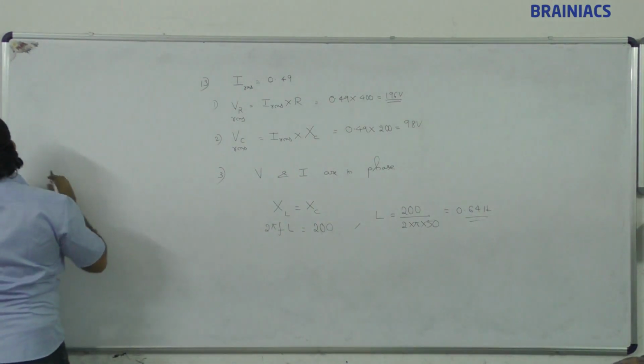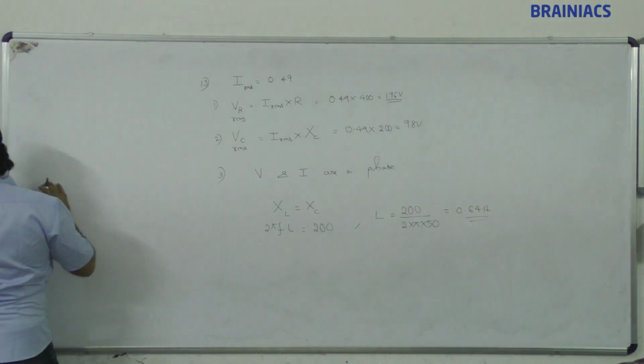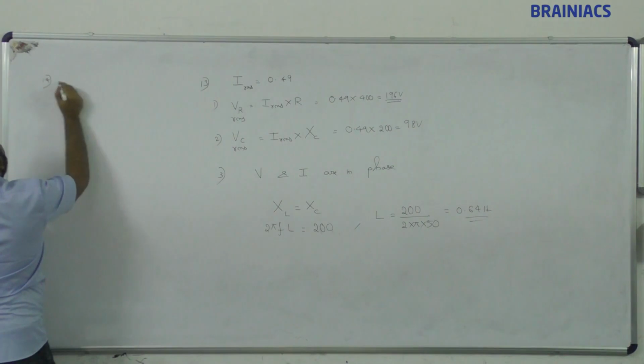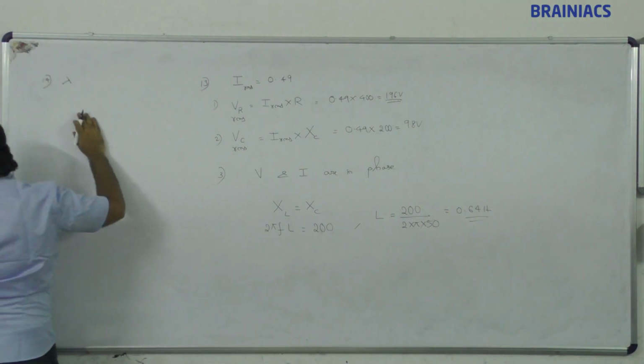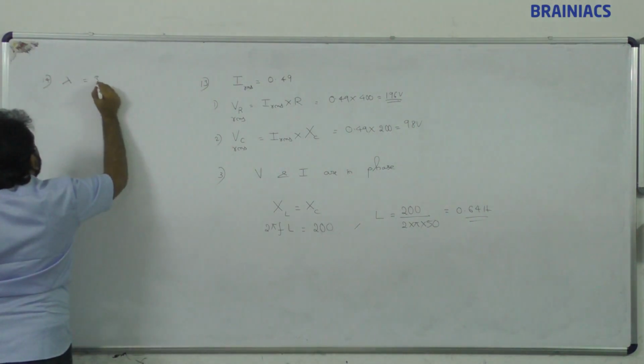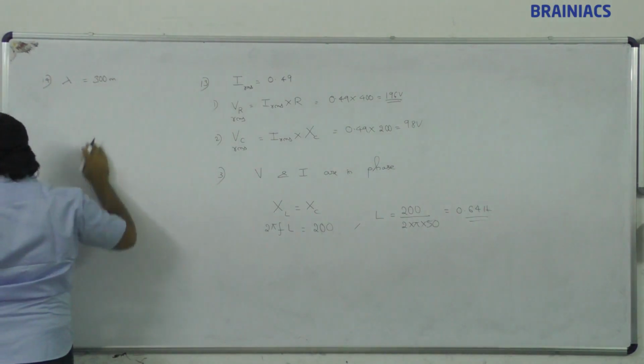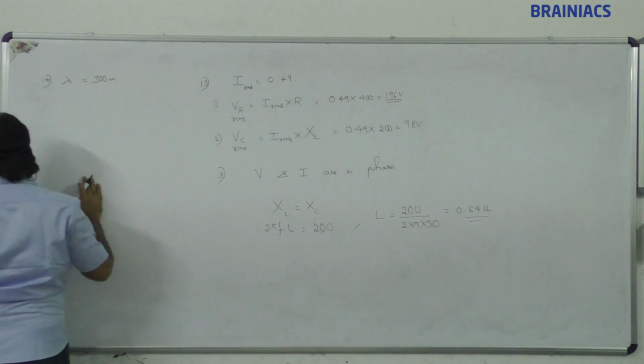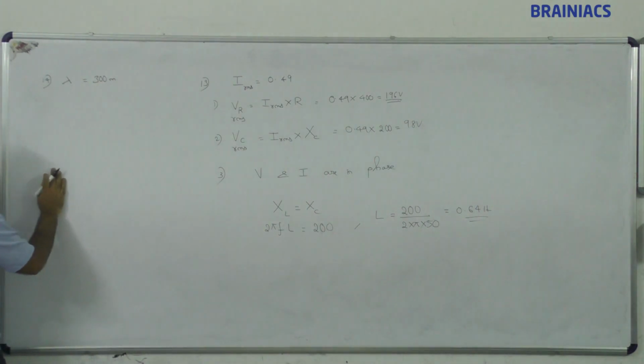Condenser means capacitor itself. Calculate the inductance of the required coil for resonance. So here the wavelength of the radio wave is given as 300 meters, and we need to find the inductance at resonance.